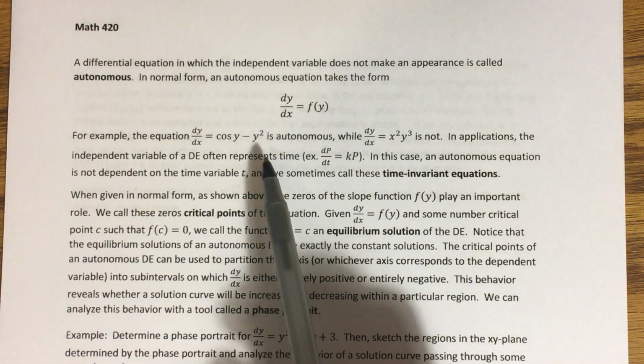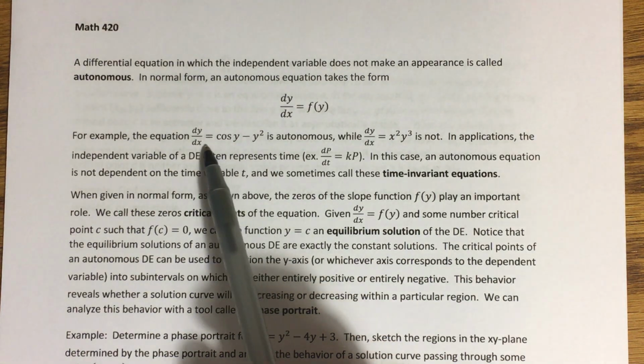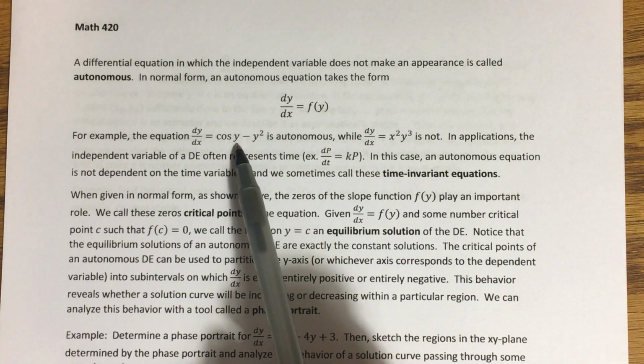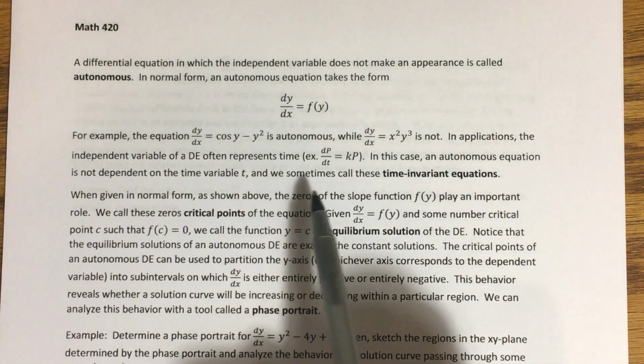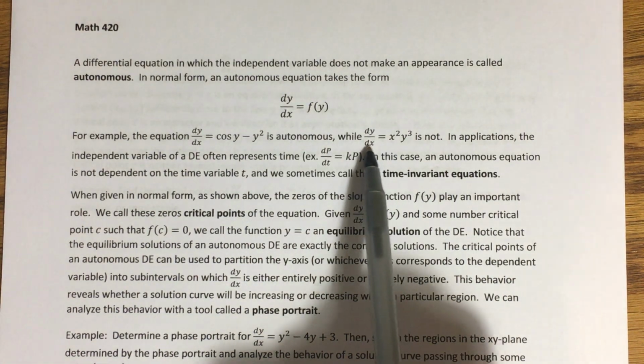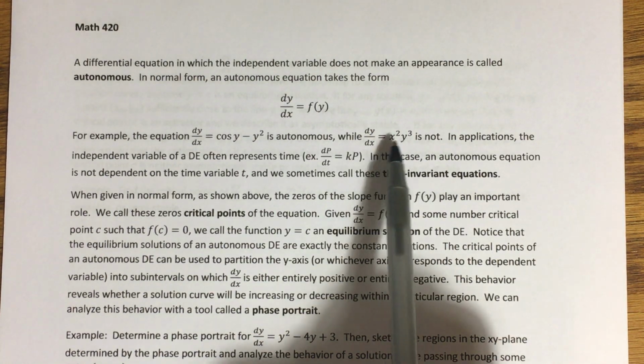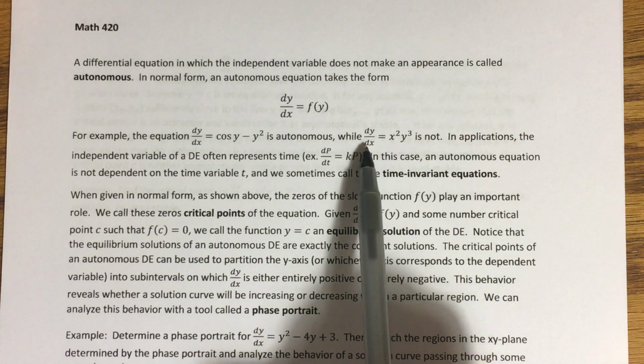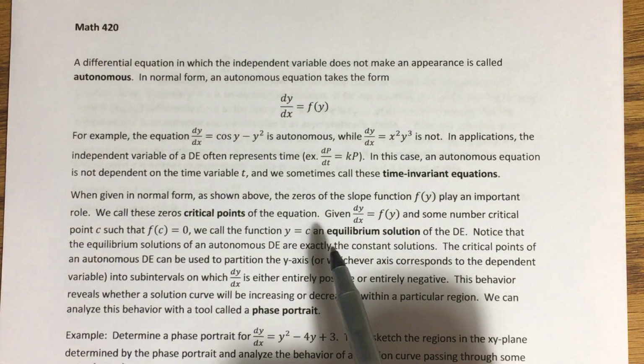To give you some explicit examples, this is an autonomous equation. dy dx equals cosine of y minus y squared, because y is the only variable showing up. This is an equation that is not autonomous. dy dx equals x squared y cubed. The x makes an appearance here. We do actually refer to these types as non-autonomous.